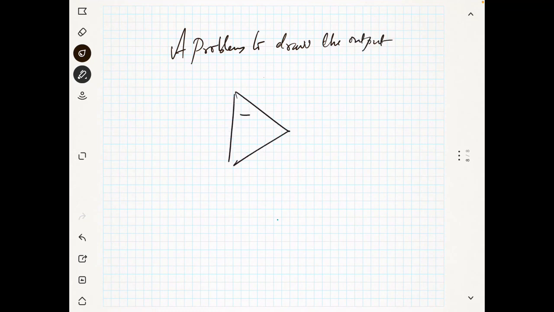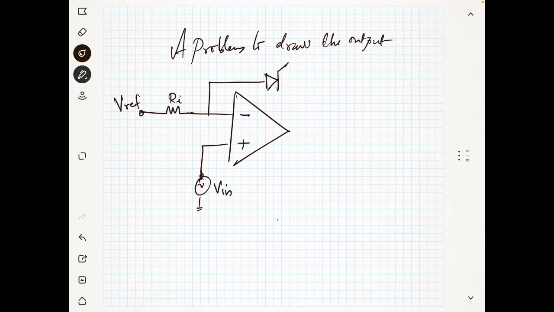I have a Zener diode, and this is my reference voltage, and I am applying V reference here, and this is my V in, and I am considering here a Zener diode in the feedback loop, and this is my V out.